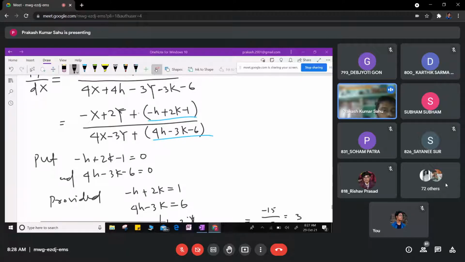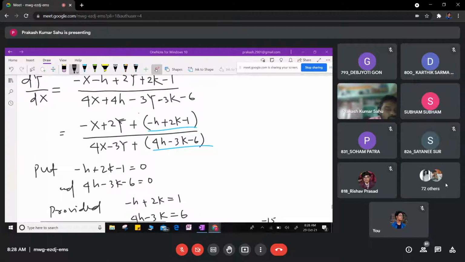So to be homogeneous, this minus h plus 2k minus 1 must be 0 and 4h minus 3k minus 6 must be 0. Because if these two are 0, then this minus x plus 2y and 4x minus 3y will be homogeneous. Yes or no? So we put these two terms 0 so that we can find h and k. Understood? Yes. Okay.